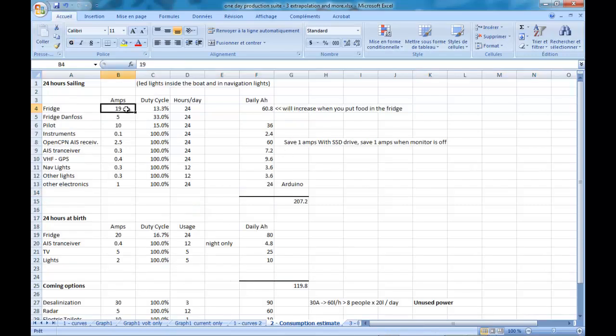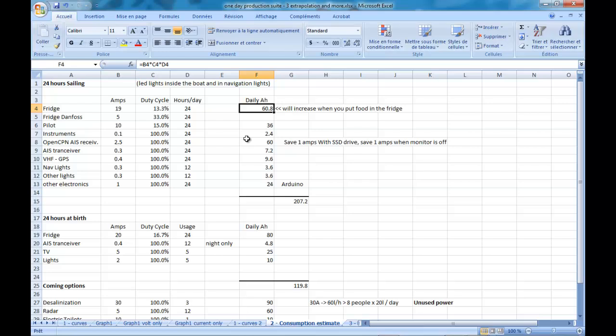This is, for example, my super fridge, 20 amps, and fortunately it's only running, I estimate, 8 minutes per hour, on a 24/7 basis, and this is about right: 60 ampere hours over 24 hours.